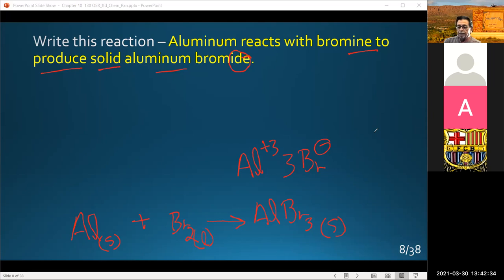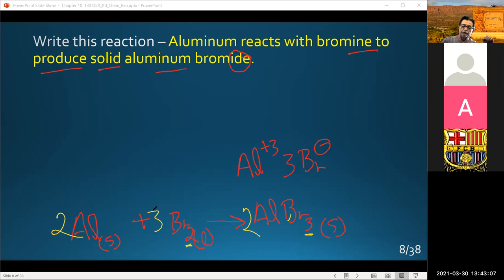Now we balance it. Okay. Note here, let me change the color to kind of separate a little bit. We have 3 bromides here and 2 there. So we find a common factor. What if I put a 3 there and a 2 there? That balances the bromides. Okay, 6 is the common number, which then kicks up my aluminum to 2. So I go over here and put a 2.